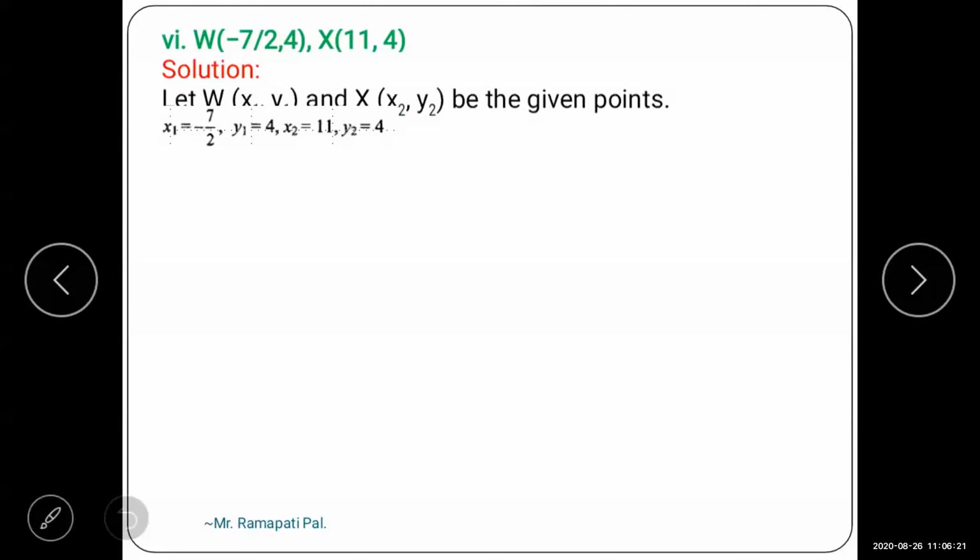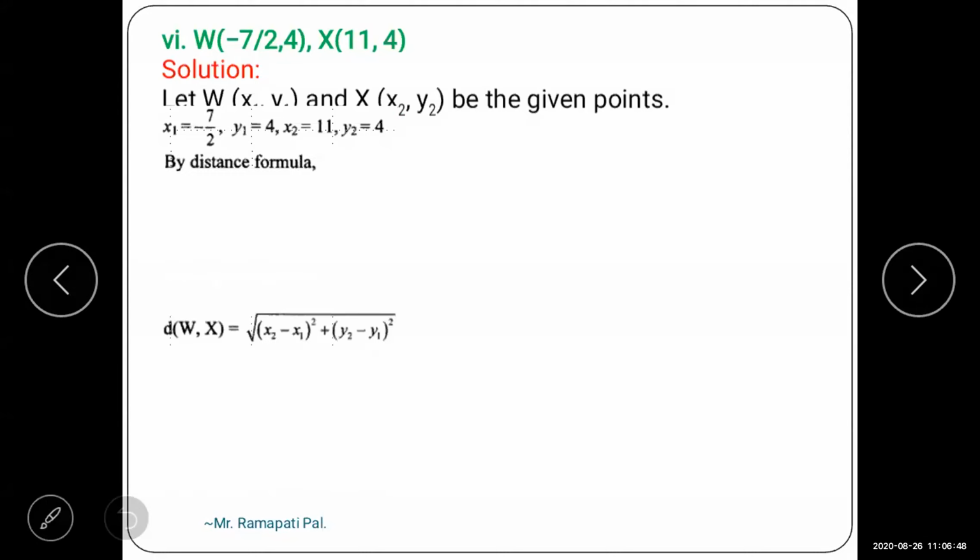Now by using the distance formula. Okay. Now write down the distance formula fast. Aryan has written first. Okay. By using the distance formula. Okay. Let's see.